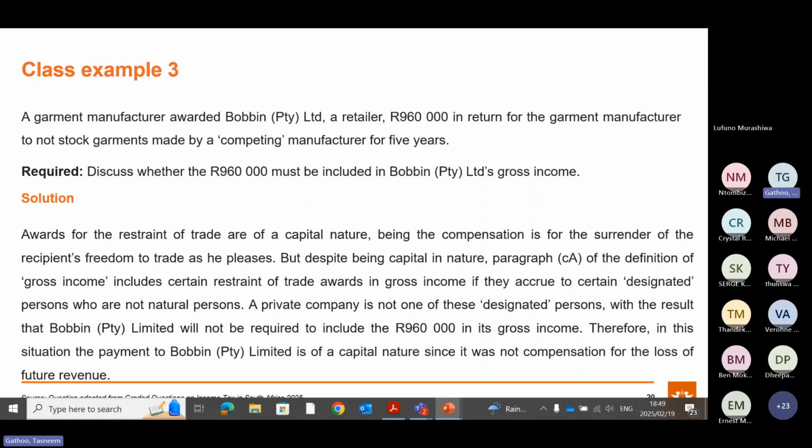We've spoken about restraint of trade payments. You need to know that just because you saw restraint of trade payments in a special inclusion doesn't mean in all cases it will be included. That's really important, and I want to emphasize that point to you guys. Any questions?